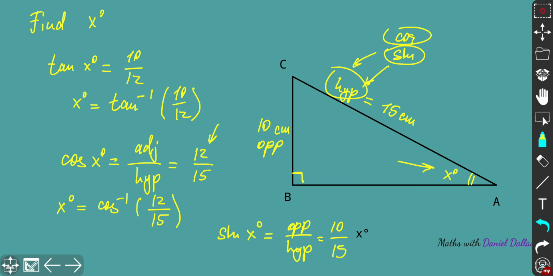From there, you can press sine minus 1, the inverse function, of 10 over 15. So that's shortly how it works, and this is actually the basics that you need to know.